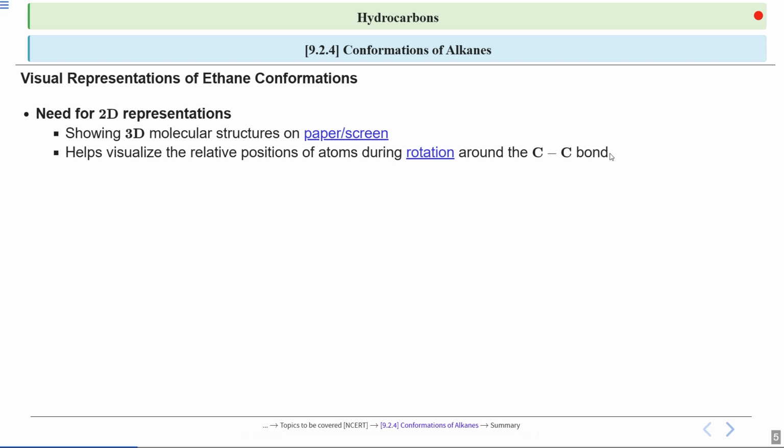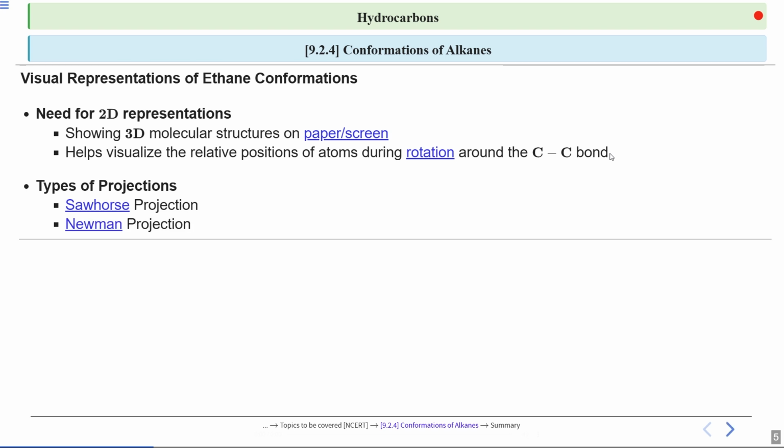Okay, now let's move on to the types of projections in chemistry. These projections are methods to represent the 3D structure of a molecule in 2D. Understanding this will help us to interpret and draw molecular structures more accurately. So what are the types of projections? The first one is the Sawhorse projection, and the second one is the Newman projection.